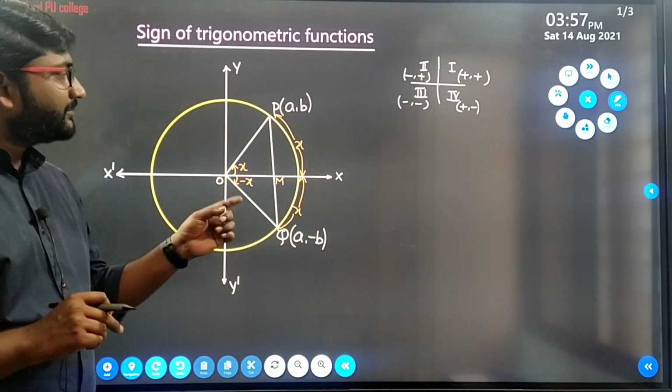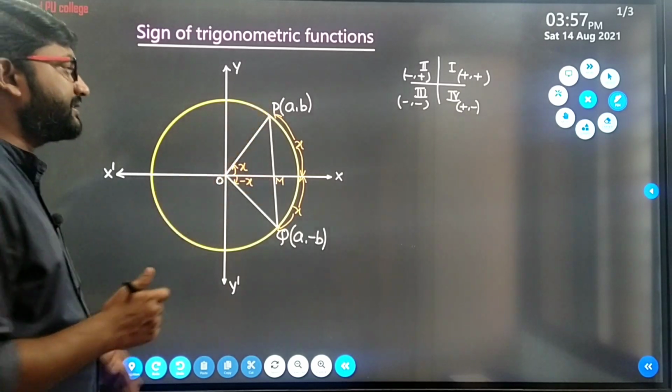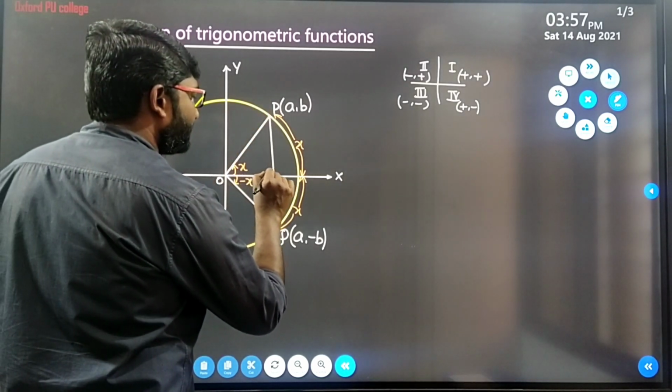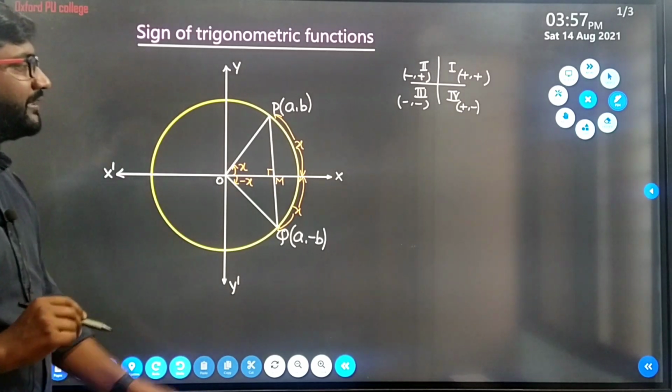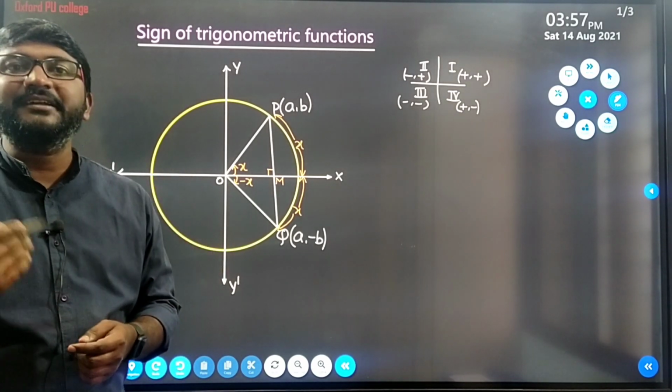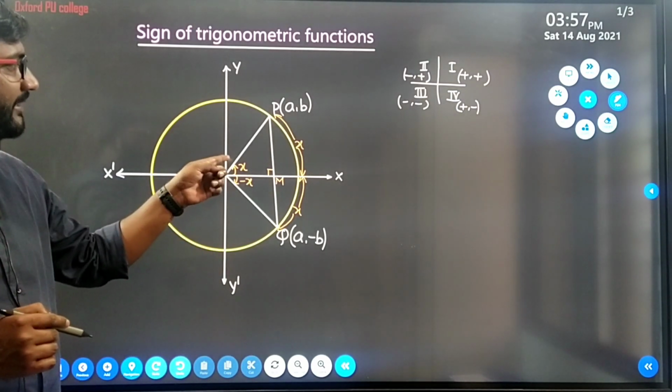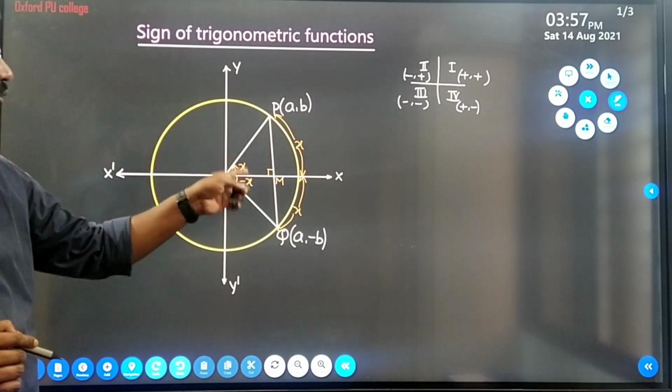Now the triangle OMP is right angled at M. So we will have to get the values of cos x and sin x from the triangle OMP.